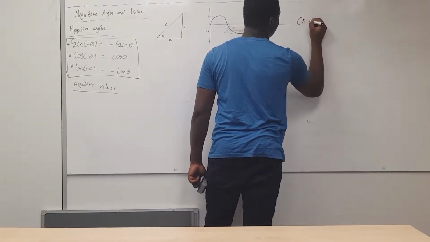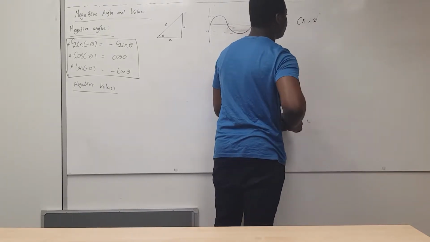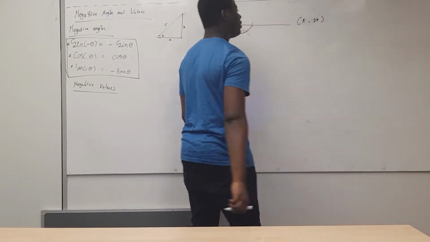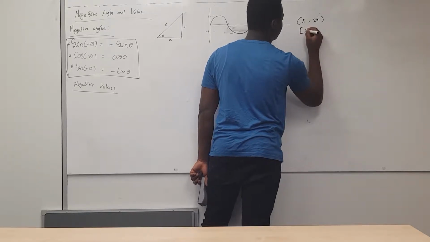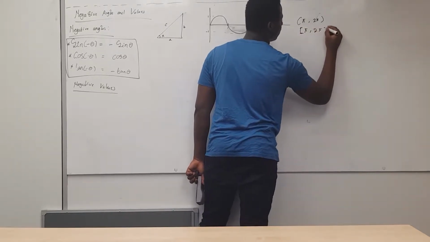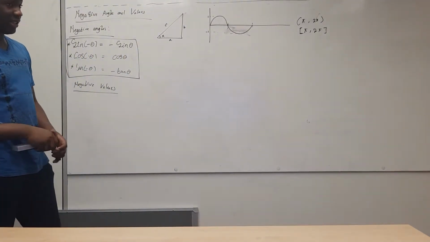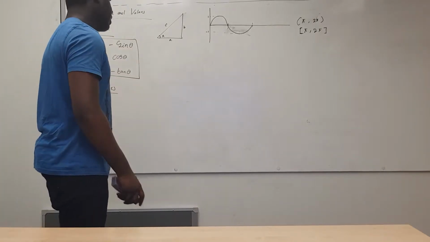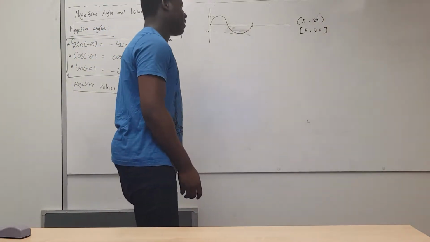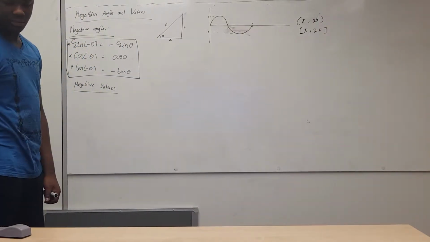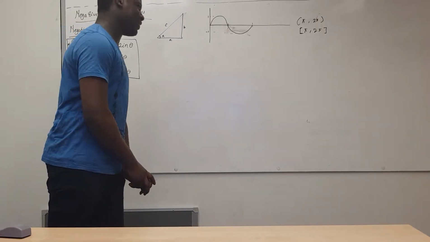From pi to 2 pi, excluded, okay? If I had written it like this, from pi to 2 pi, that would simply mean that 180 and 360 are included, but that's not the case, because the sine of those angles will give you 0.